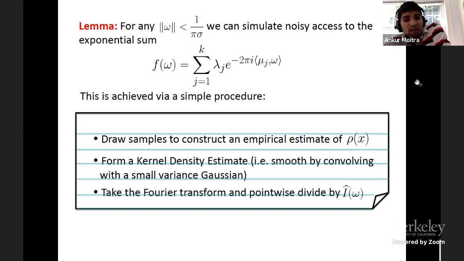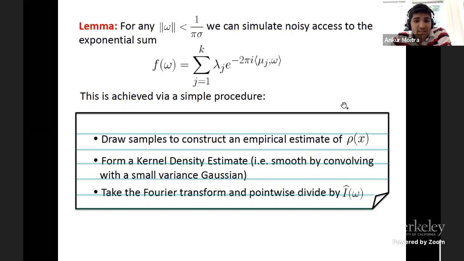So now how do we prove this lemma, and how do you actually solve this deconvolution problem? This thing is actually pretty easy. It's using the following simple procedure. First, I draw a bunch of samples from rho of x. I observe tons and tons of photons, and I record approximately where they are in the observation plane. Now, that's not going to be a good approximation of rho of x because that's a discrete distribution, right? So, how should I go about using those samples to create a good approximation of rho of x that's also continuous?